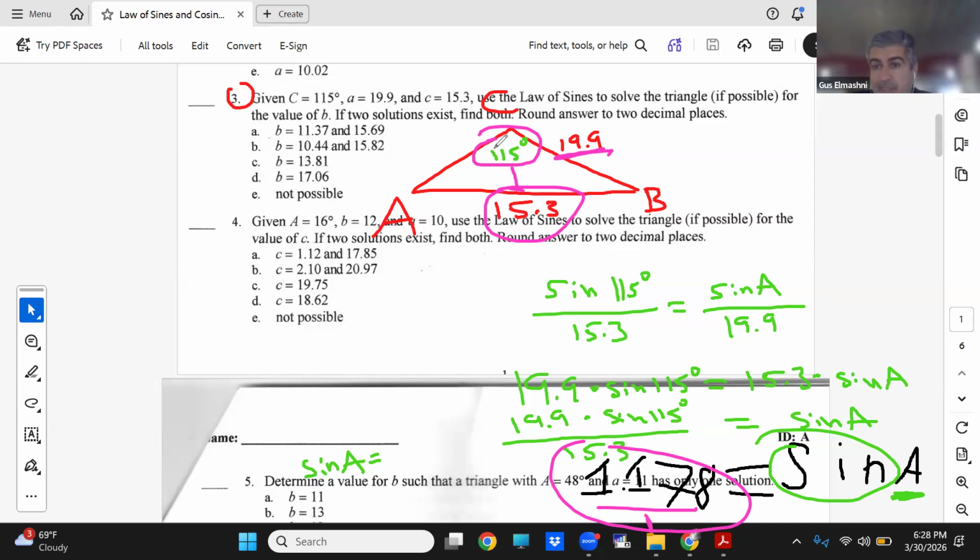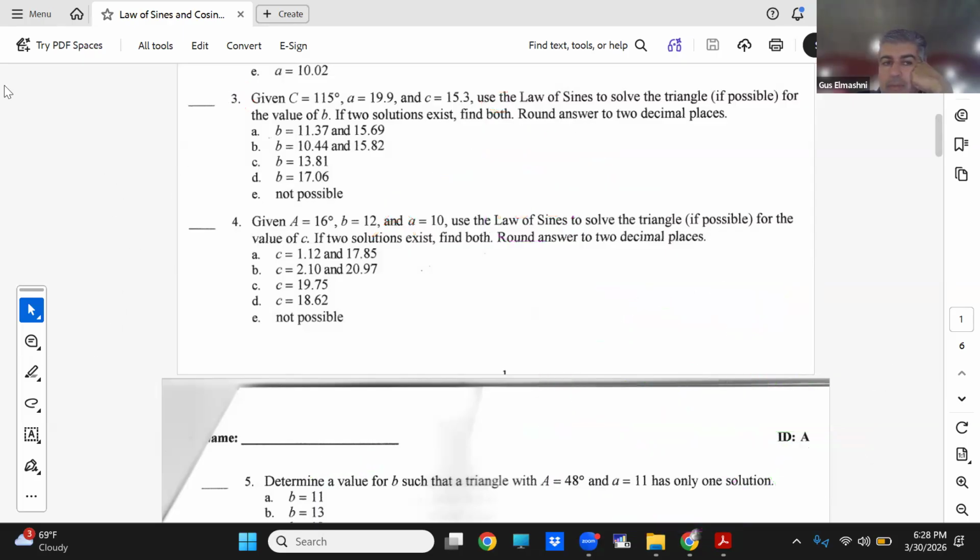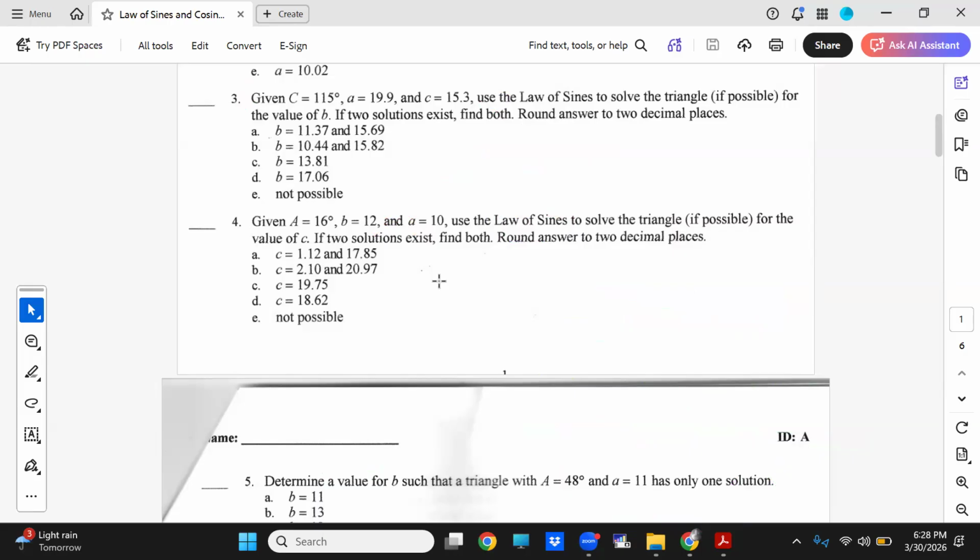So it should be opposite the longest side, but clearly it's not because there's another side that's longer on the other side. So we have to be mindful about that. Okay. Yeah. Right. So that's another thing that could happen, just so you're aware, in case you guys do talk about it.